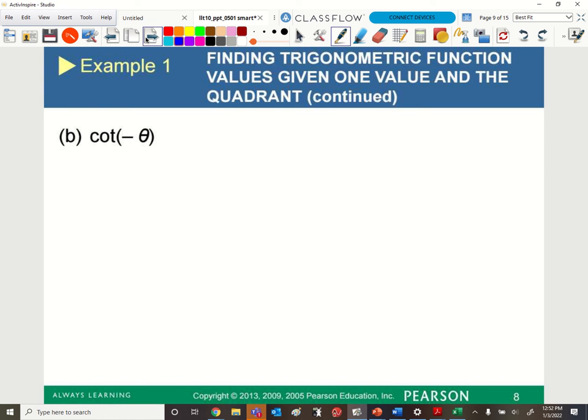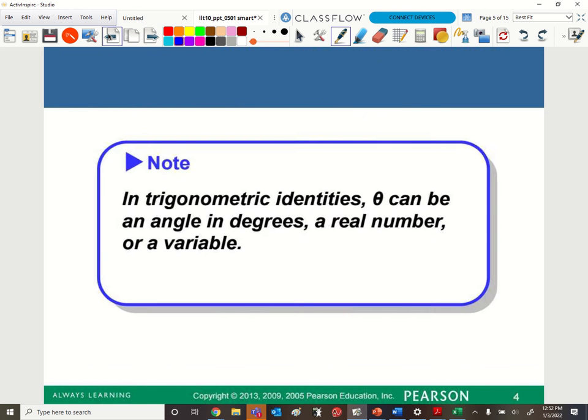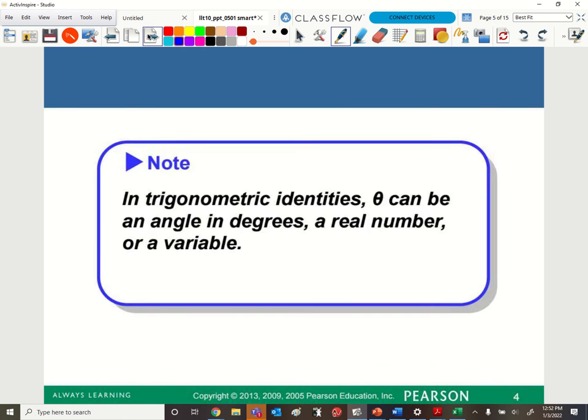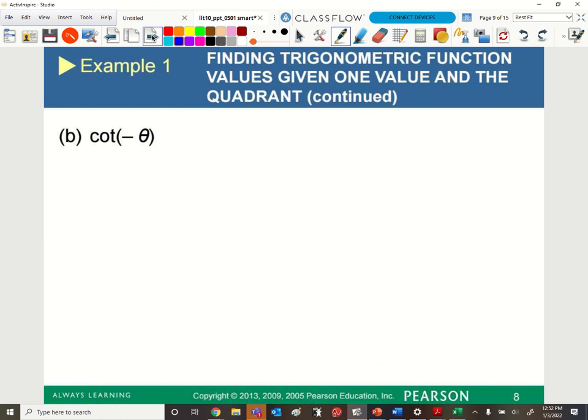Okay, so cotangent of negative theta. So let's go back to right here. Cotangent negative theta. I just solve it normally. Then what do I do in front of it? Put a negative. Solve it normally, then add a negative. Let's go ahead and solve it normally. So cotangent.